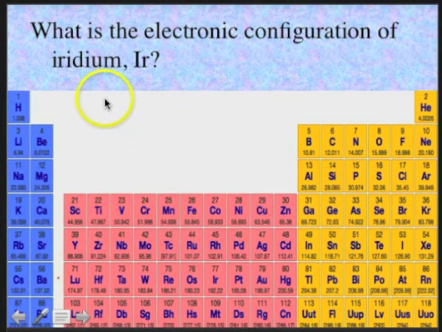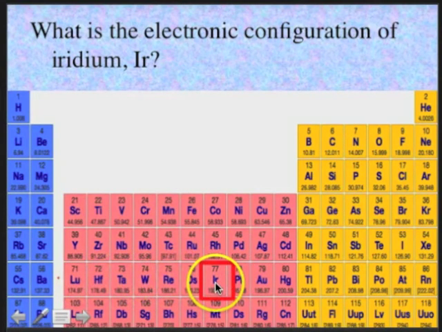Now let's try this one. What is the electronic configuration of iridium? Well, we look in the periodic table, and there's iridium right here. So its last electron is going to end in the d block. Which row is this for the s? Well, 1, 2, 3, 4, 5, 6. So this is 6s. So this has to be 5d.